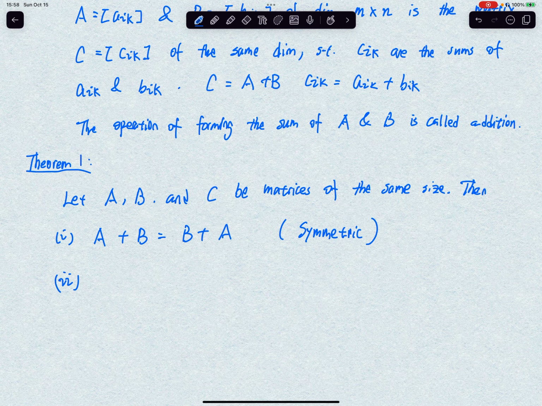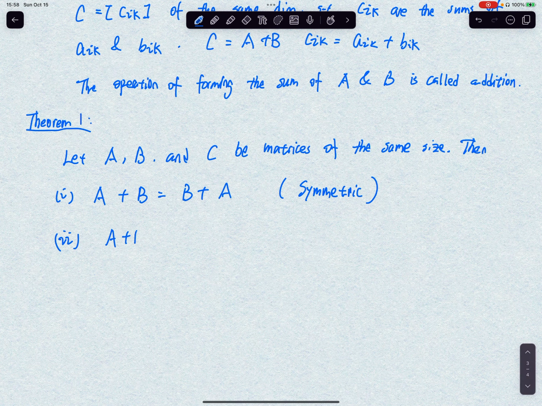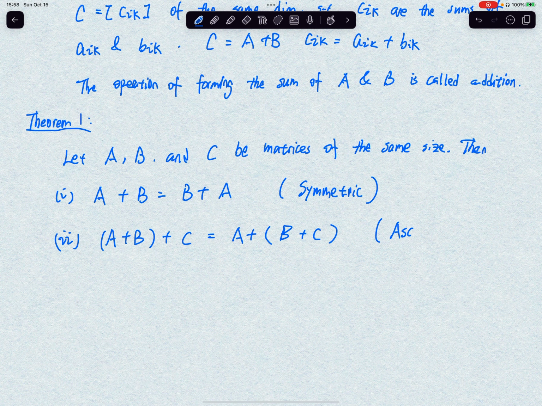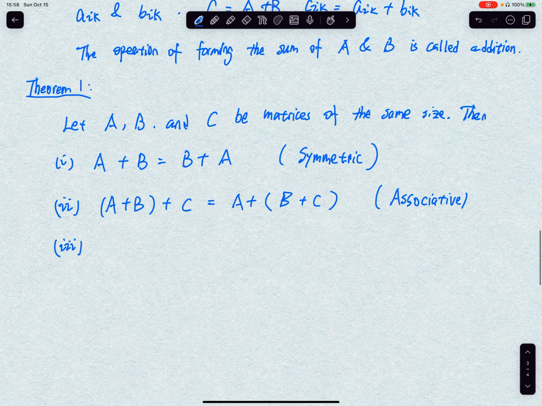And secondly, we have A plus B, then plus C equals A plus the sum of B and C, so that is associative. And thirdly, we have that A plus 0 equals A, and this is the addition identity.